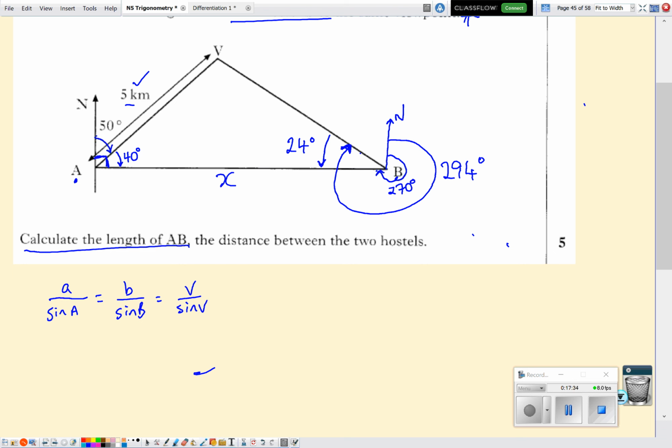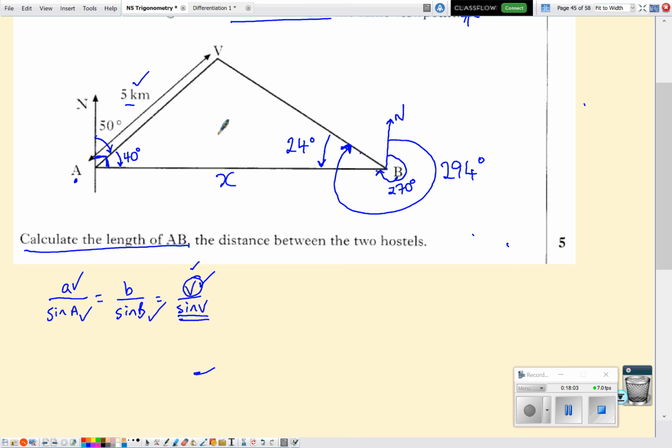So what do we know? Well, we know the angle at A, we know the angle at B. I want to find the side V, and I know the side at A. So I've almost got a complete pair where I know 3 out of the 4 parts of the information. Ideally, because I'm wanting to calculate V, I need to use this one, but I could do with the angle here.